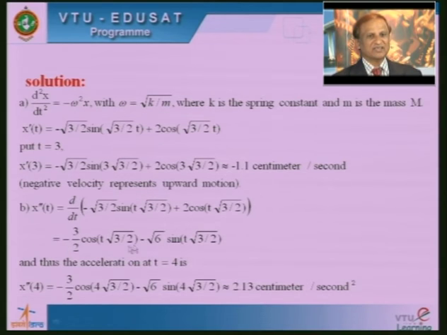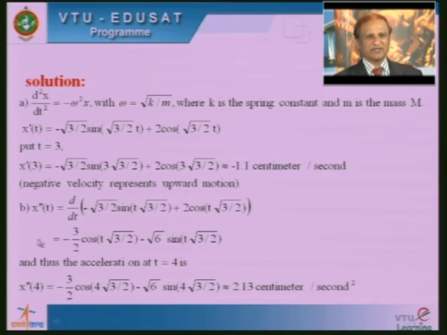Finally, I can obtain the second derivative, and thus the acceleration at t is equal to 4, because they have asked us to calculate the acceleration of the mass when t is equal to 4. Just now we have obtained the second derivative of the solution. It is very simple. This equation contains t, so now I want to replace t by 4.